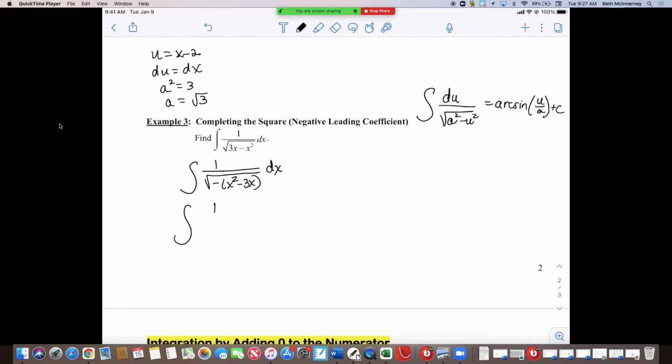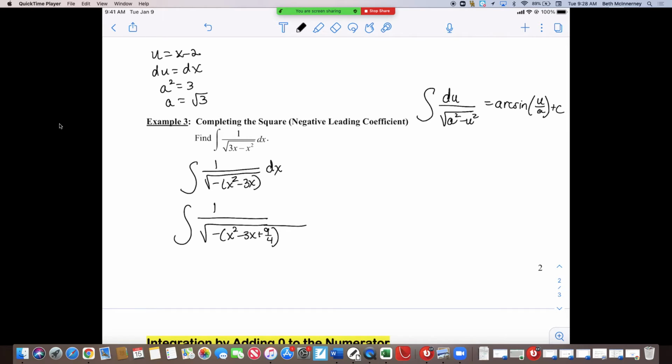Okay, this is where it's going to get really tricky. I need to take half of negative 3, which is 3 halves, and square it. So inside the parenthesis, I'm going to add 9/4. This would be no calculator, so we've got to practice our fractions.